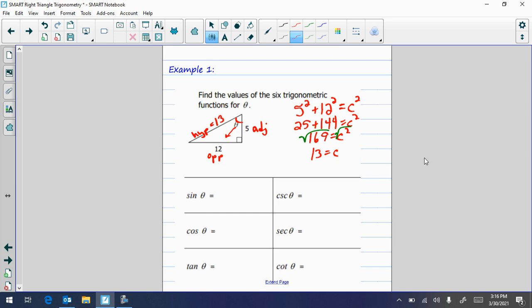My sine is going to be opposite over hypotenuse, so 12 over 13. My cosine is adjacent over hypotenuse, so 5 over 13. And my tangent is opposite over adjacent, so 12 over 5.